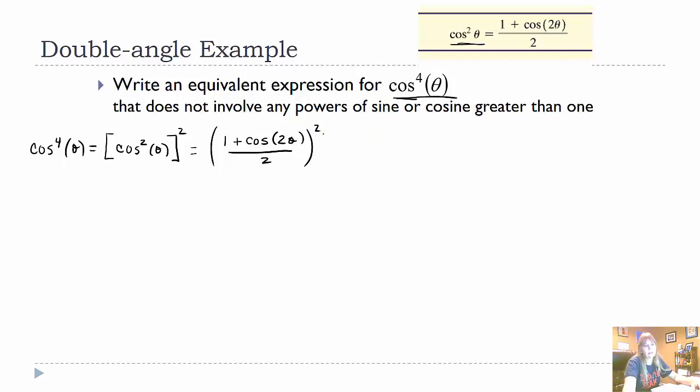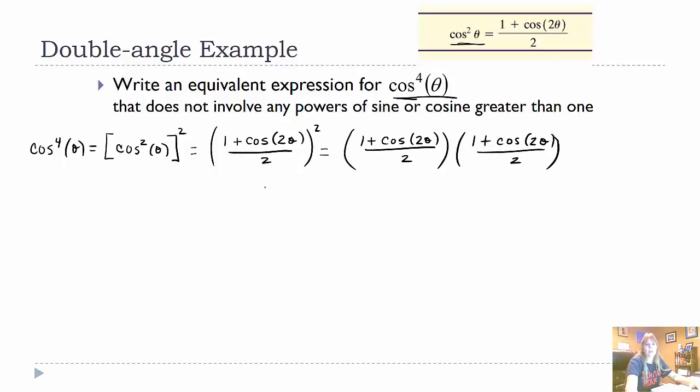All right, from here, I still have powers, so I've got to get rid of them. So from here, I'm actually going to FOIL this out. So let's just go ahead and write it out. You remember that squared means multiplying it times itself, 1 plus cosine 2 theta over 2. So now I'm going to FOIL out the top.